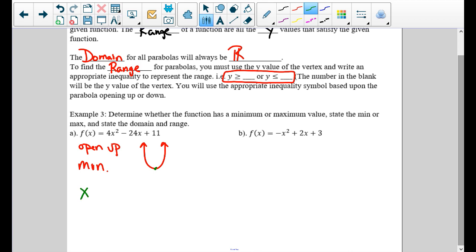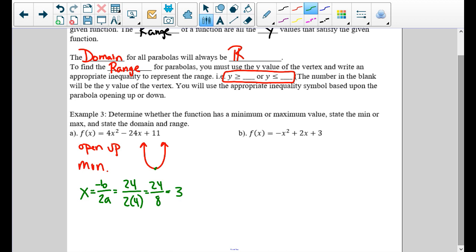X equals opposite of b over 2a. Opposite of b is 24, 2 times a, so 24 divided by 8 gives me 3. Now how do I find the y value for that point?